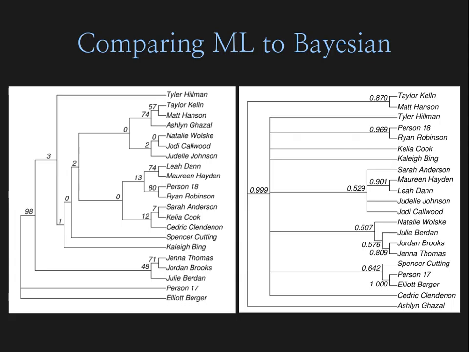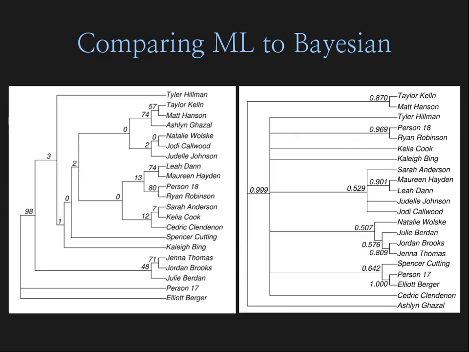So with maximum likelihood, you will get a fully resolved tree because of how we search for the tree. Even if the branches are horrible, you will get a branching pattern. And then you'll find out later that when we did the bootstrapping, there's no support for that branch whatsoever.